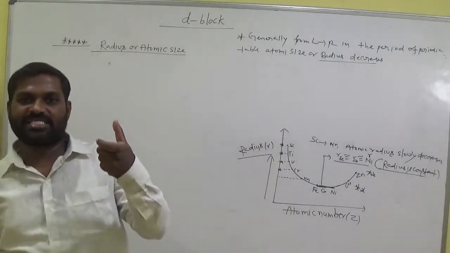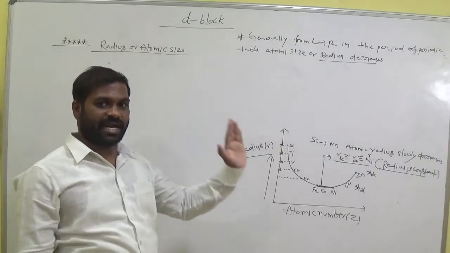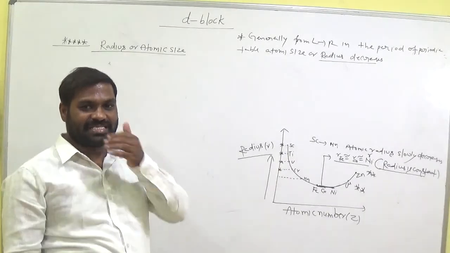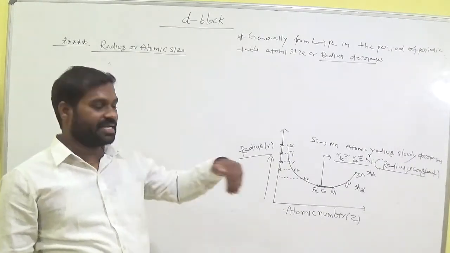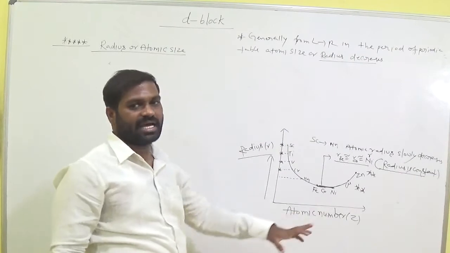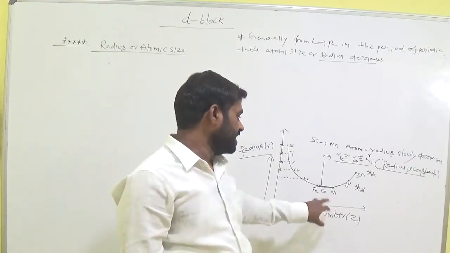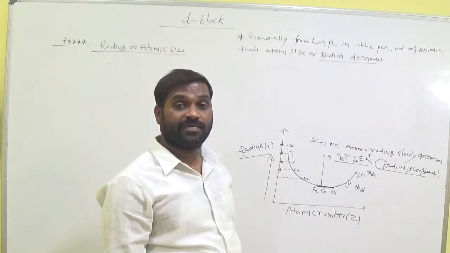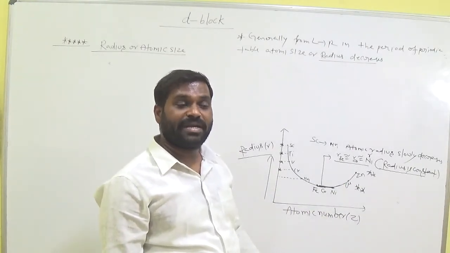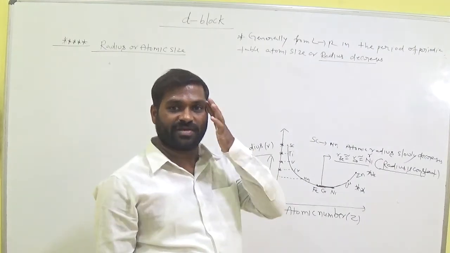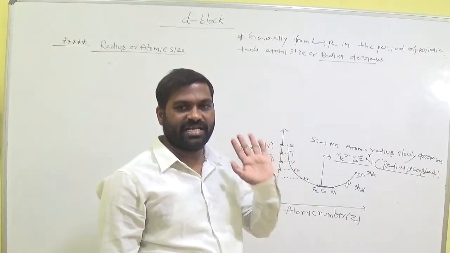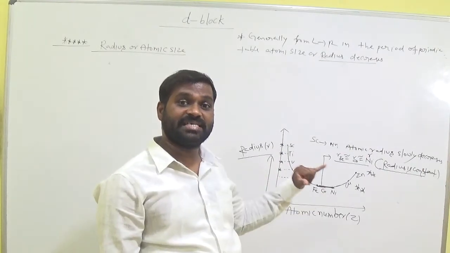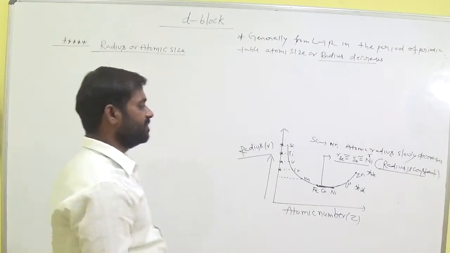Actually we are expecting, moving from left to right, sizes to decrease, that means atomic radius slowly decreases. But at the middle of the curve, these three have similar size. I will explain why it happened. So after moving to copper and zinc, we are expecting zinc to have a much smaller size than copper, because left to right it decreases. That is the phenomenon. Why it happened, I will explain. But here zinc's size is more than copper. Keep it in our mind.